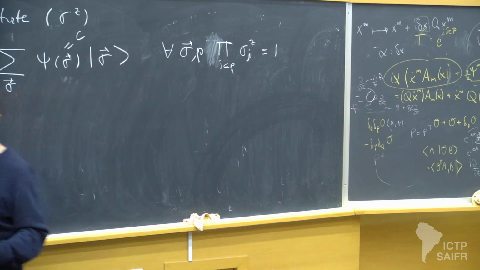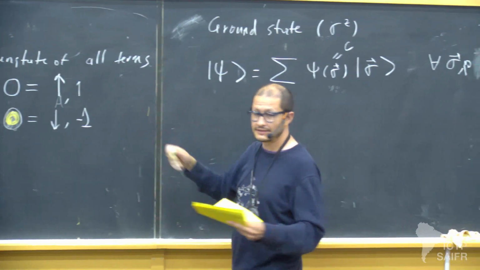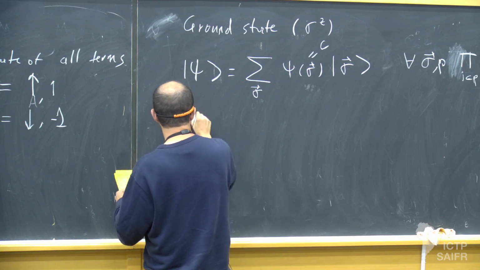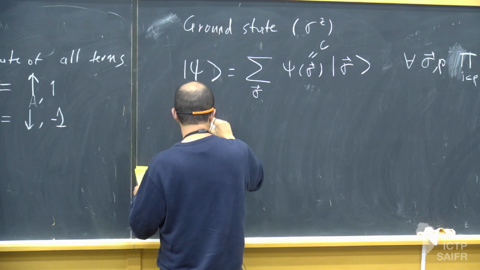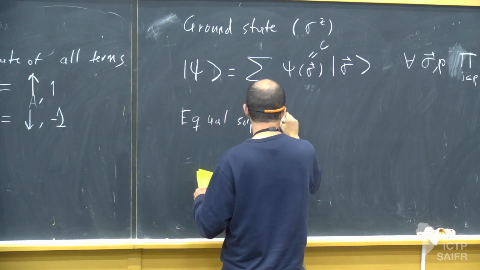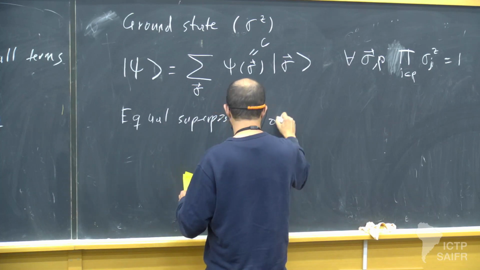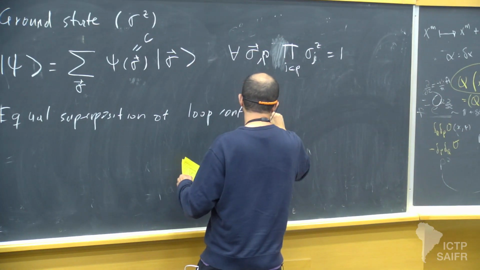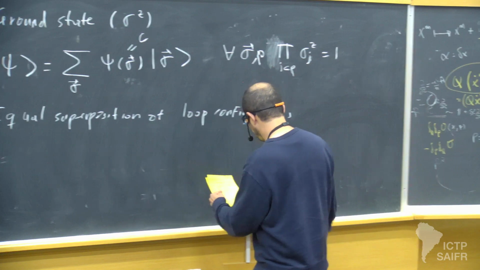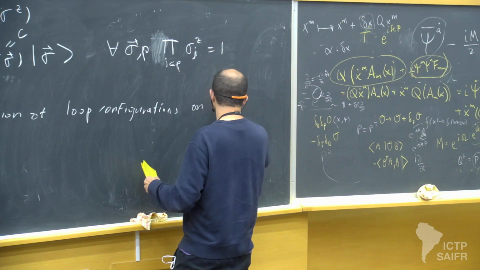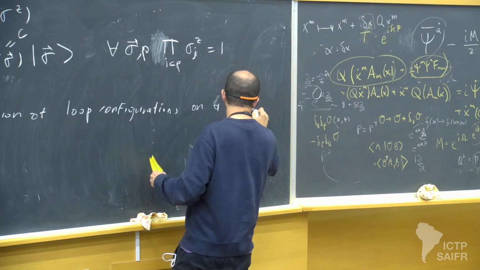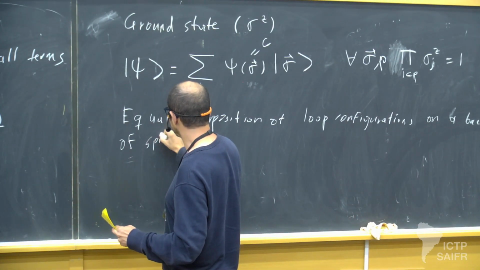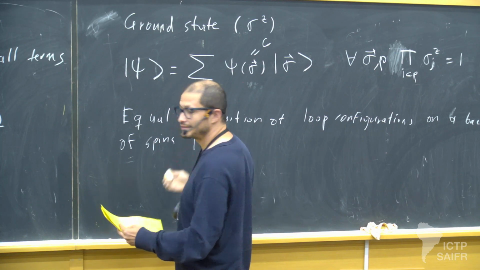Or equivalently, because of this cartoon that I drew here, and the argument that I tried to explain, this is the same as an equal superposition of loop configurations on a background of spins up, okay?